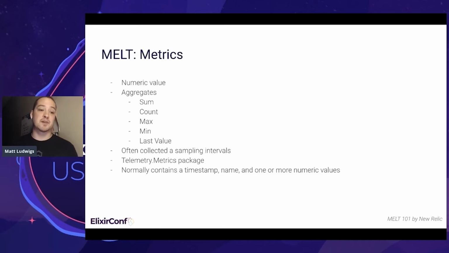With metrics, they're typically your aggregates that are often collected at a sampling rate. Not always. You can have them come in as they come in, but oftentimes you're saying, hey, check the CPU usage of this. Tell me my memory every second. And so you can start looking at your average memory usage, your CPU usage over time.